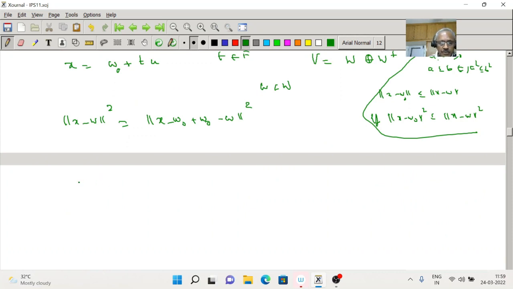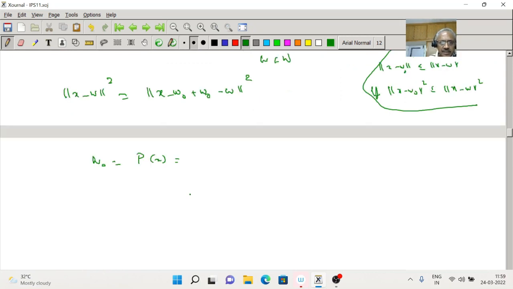We already proved that this w naught is P of x, the orthogonal projection of x onto W, and x minus w naught is perpendicular to W. We have seen this, right?